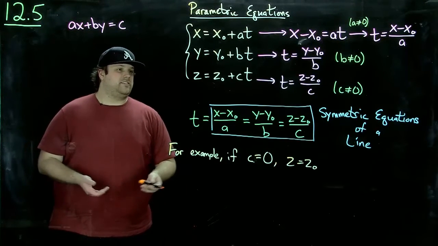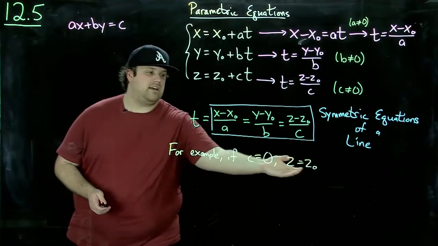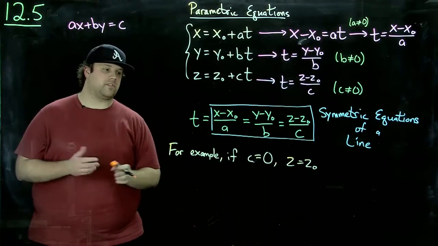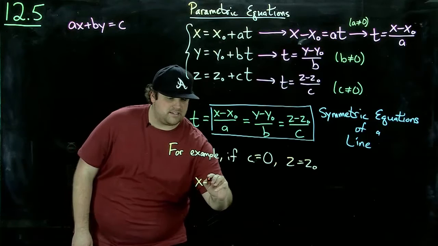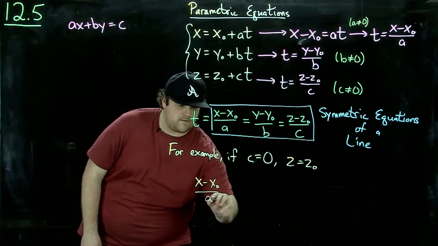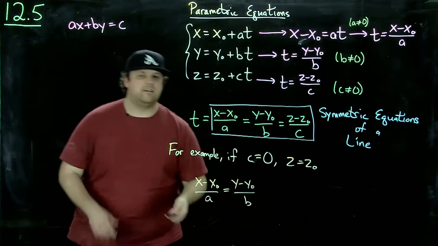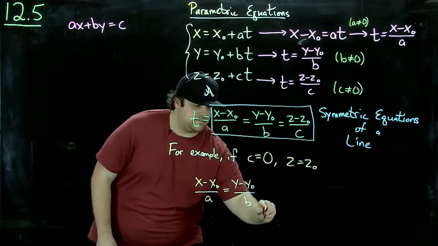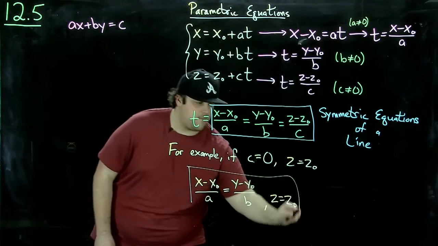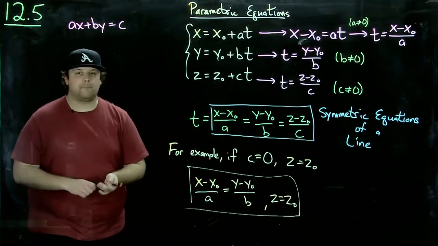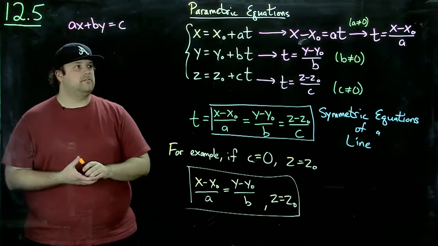So what we actually do is take what's left of this and add this onto it. We would get x minus x naught over a equals y minus y naught over b, and then we just add on this piece: z equals z naught. So that's what would happen if one of them is 0.